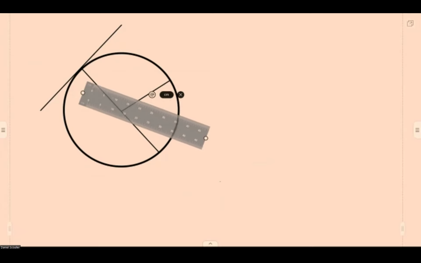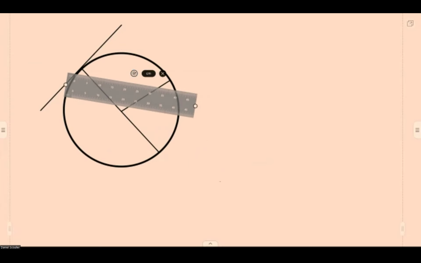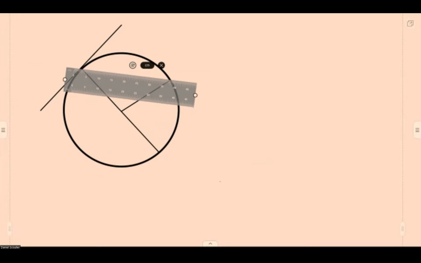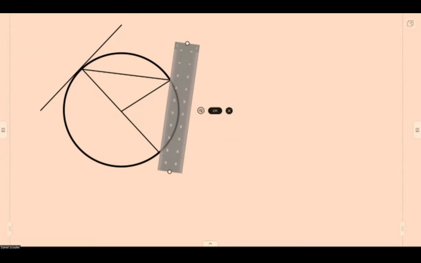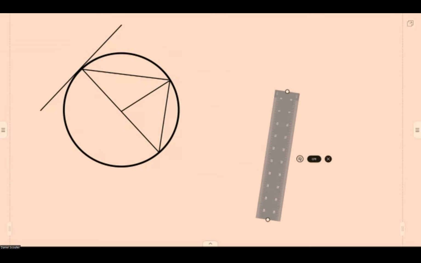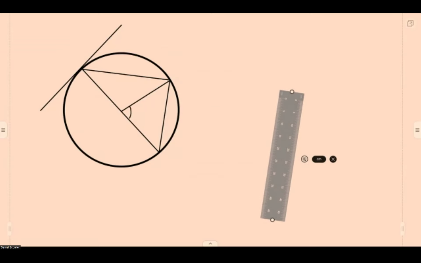And they give you that information, that angle in there, 60°.